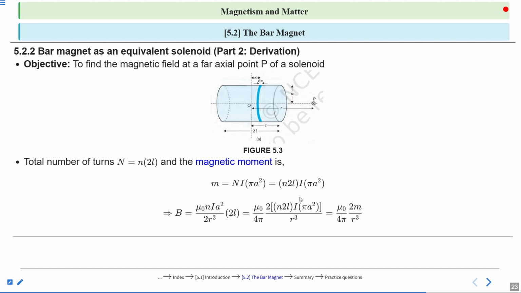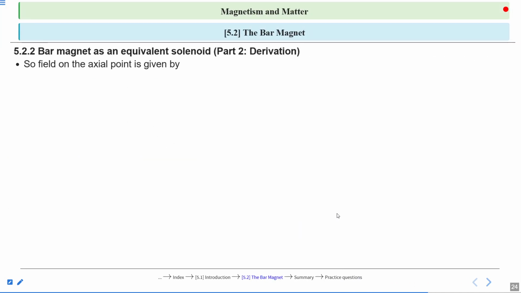Got it? So this is the magnetic field on the axial line at a very large distance from the center of the solenoid. So the field at an axial point, B_A, is equal to mu naught upon 4 pi, 2m upon r cube, where m is the magnetic moment.